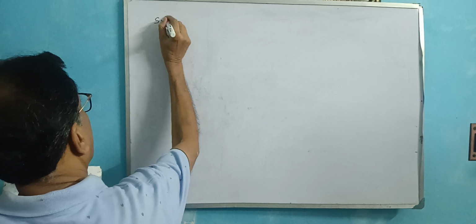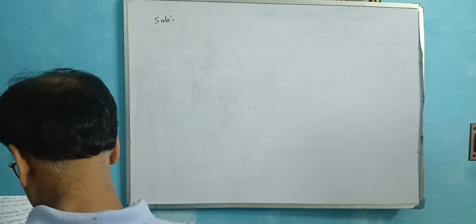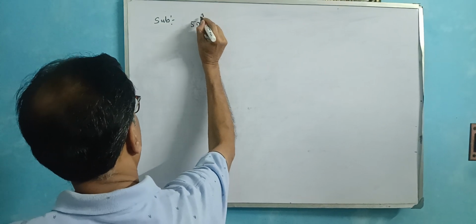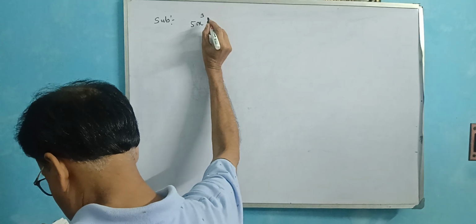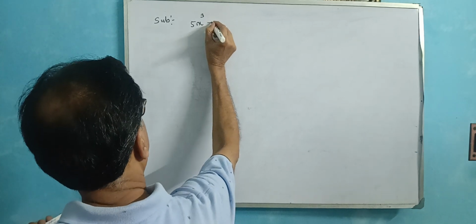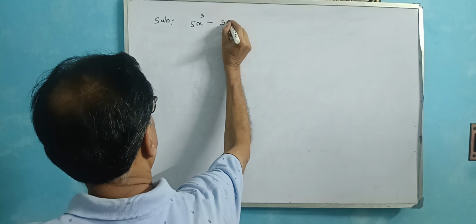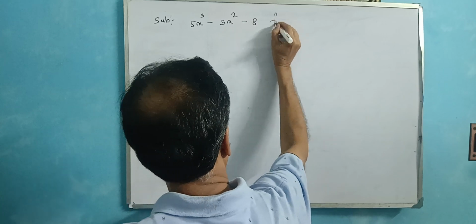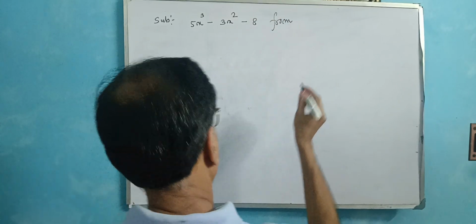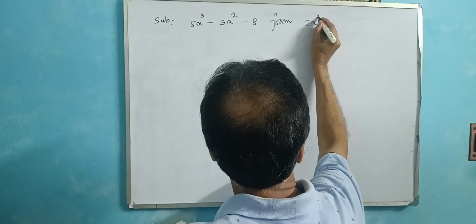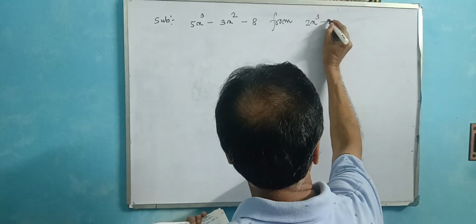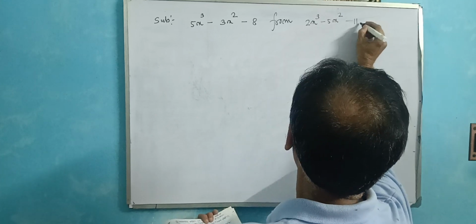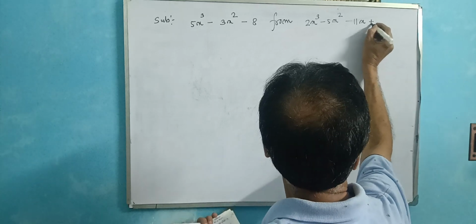Suppose subtract 5x cube minus 3x square minus 8 from 2x cube minus 5x square minus 11x plus 2.